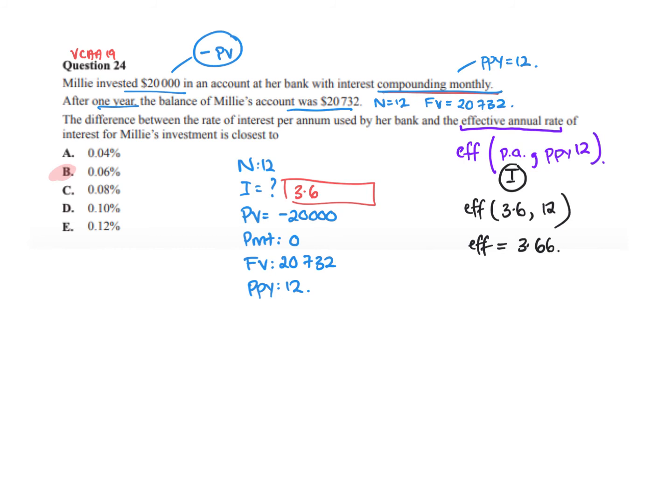They actually want the difference. So the difference will be 3.66 minus 3.6. So we get 0.06% is the difference, and that's how I get the answer.